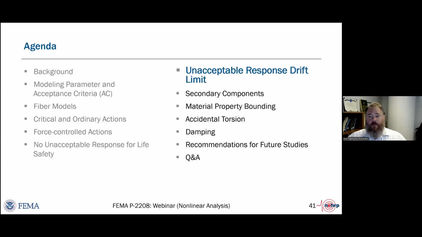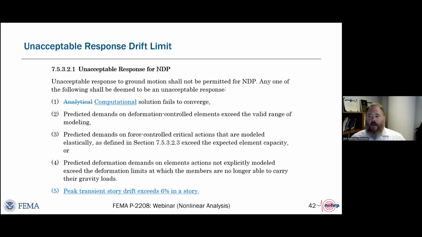Another thing that came up in discussions about unacceptable response, especially in the context of the collapse prevention performance criteria, is whether or not there was a drift that would be so large that there was some skepticism in whether the analytical program and the analytical model can properly capture stability and large deformations in the structural response.